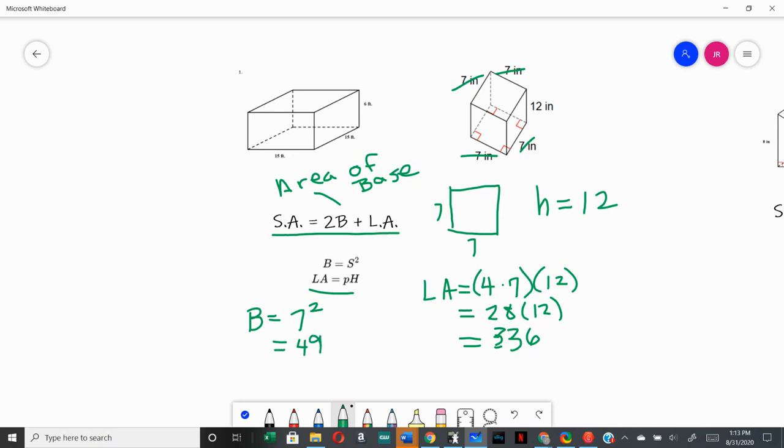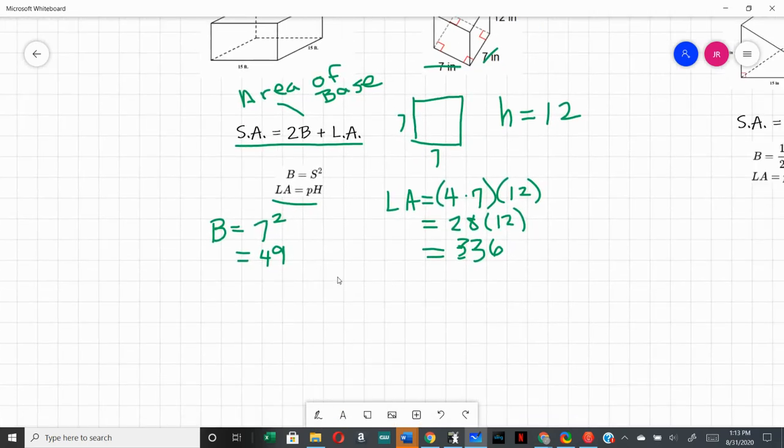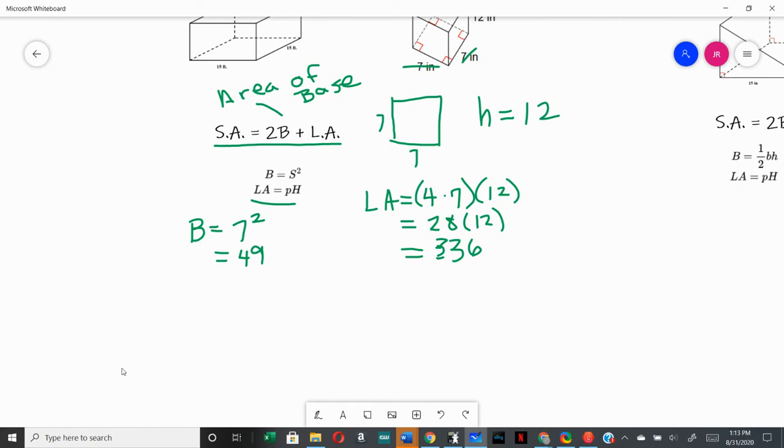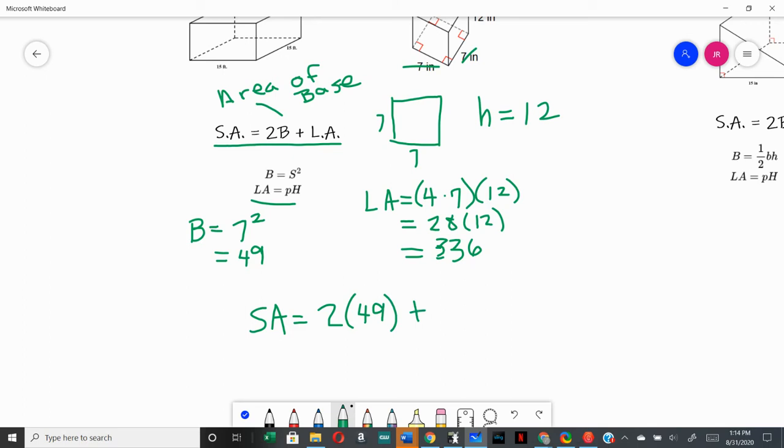All right, so I've got my two pieces. I just need to put it together to make the surface area. And so all I've got to do here now is just fill in. So my surface area is going to be 2 times b, which is 49, plus my lateral area, which I already found, 336. So now I'm just going to pull out the calculator, let it do the work for me.